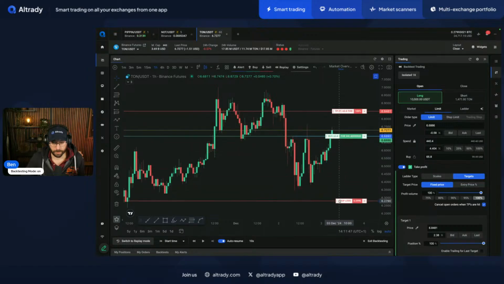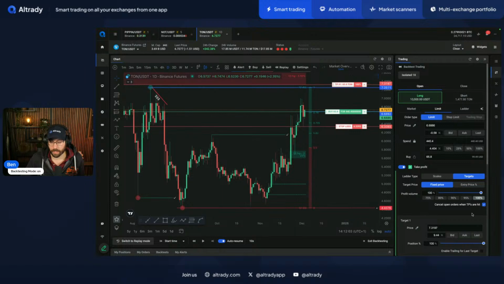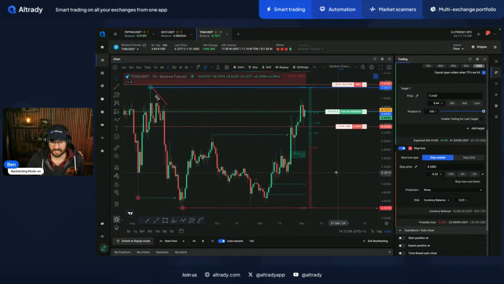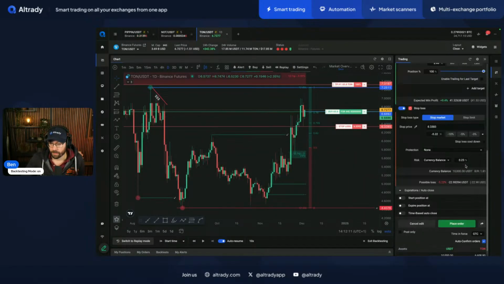On the shift, we set our stop loss to the swing low. That was the lowest point, which in this case is this one. And for the target, we will switch back to the daily time frame, and we will set it to something close. Perhaps we need to target this one. Oh yeah, and let me also just, before I forget, set the leverage.